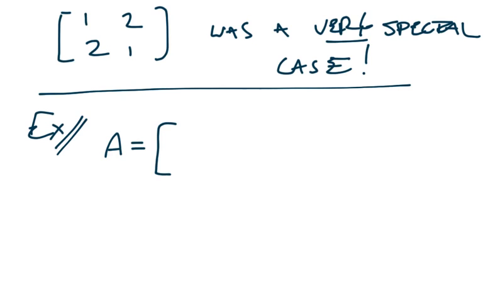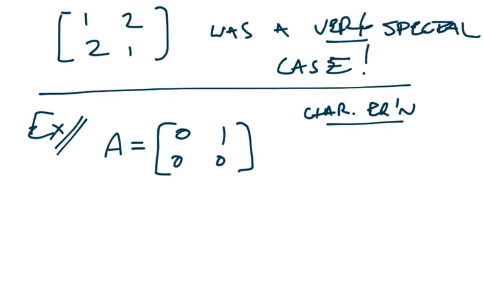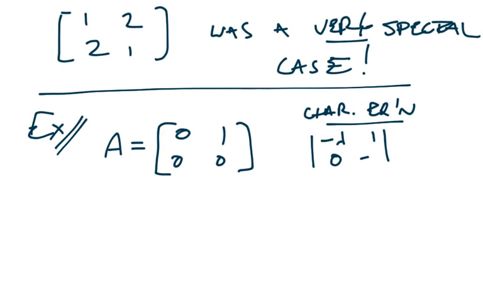All right, let's consider, say, the matrix 0, 1, 0, 0. Let's make this our matrix. And if we check the characteristic equation, we will get the determinant of minus lambda, 1, 0, minus lambda, set equal to 0.